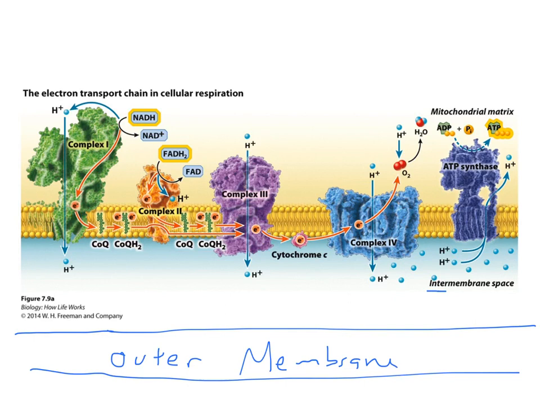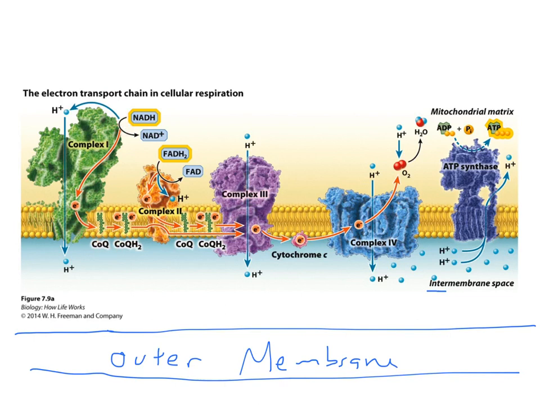It takes those electrons and transfers them to coenzyme Q. Coenzyme Q, when you add the 2 electrons to it, takes on 2 protons just to neutralize the charge, so coenzyme QH2 is our carrier with the electrons. Notice the electrons have dropped in energy as they move through complex 1 to coenzyme Q.